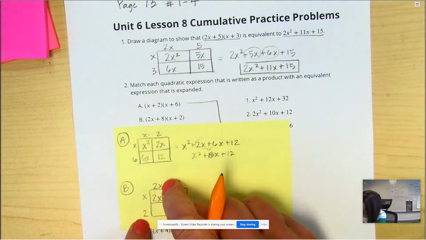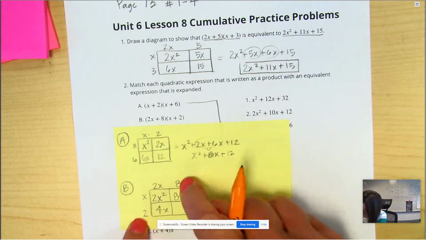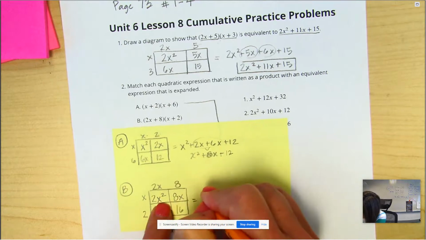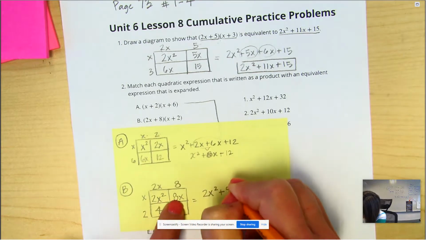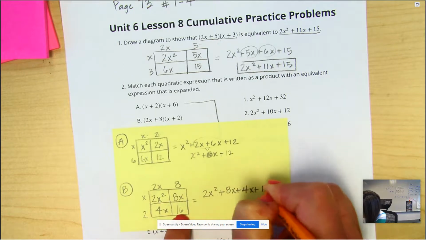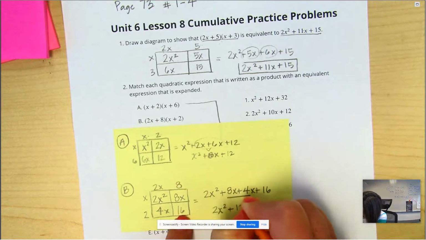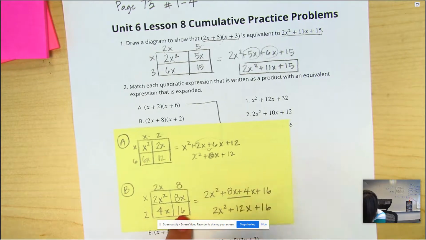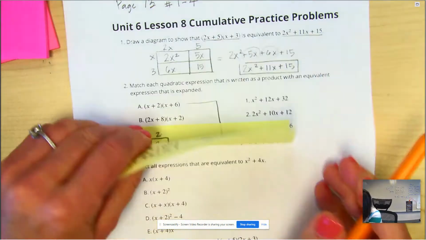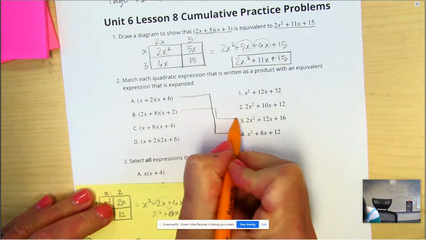A 2x times a 2 is a 4x. And an 8 times a 2 is a 16. So we get 2x squared plus 8x plus 4x plus 16. These go together. All right. So that one, B, do I see that? Yeah, I see it's number 3.